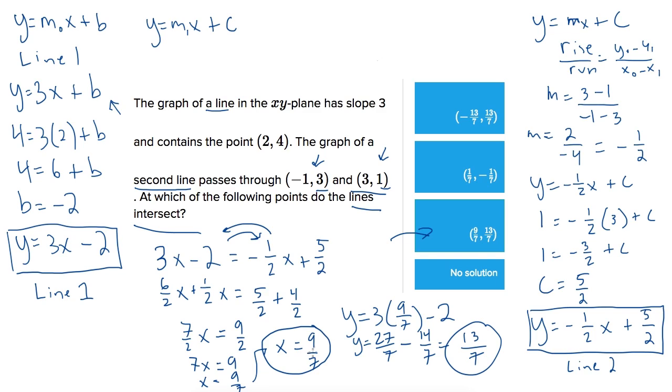So now we know that it's (9/7, 13/7). Okay? So you found the slope-intercept form of each line. You set those equations equal to one another to find where the lines intersect, and solved for the variables x and y.